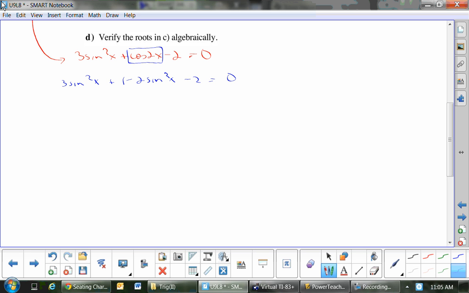So I actually have a 3 sine squared x minus a 2 sine squared x. So then I would be left with 1 sine squared x, and then plus positive 1 minus 2 is minus 1 equals 0. Okay, then I have sine squared x equals 1.